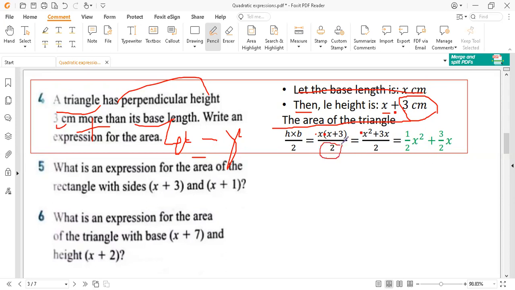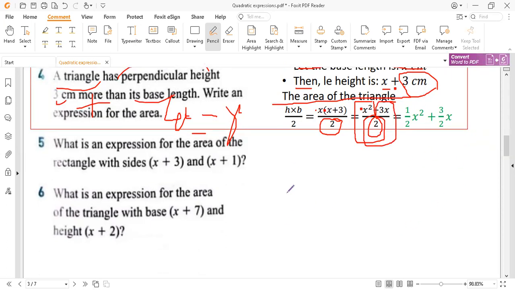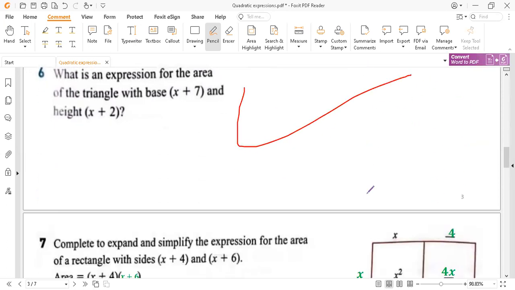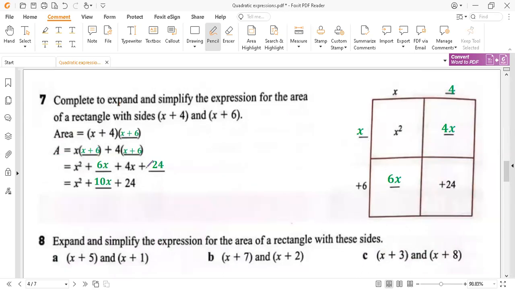If we have a common denominator, we keep the same denominator for each term, so we write it as x squared over 2 plus 3 over 2 x. Good, and easy for the rest of the exercises.